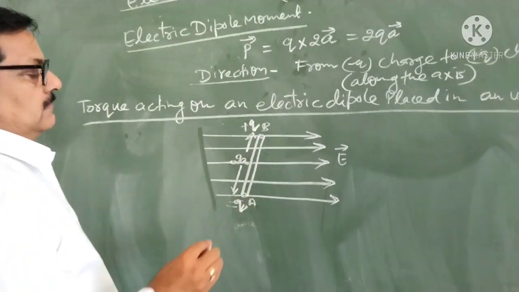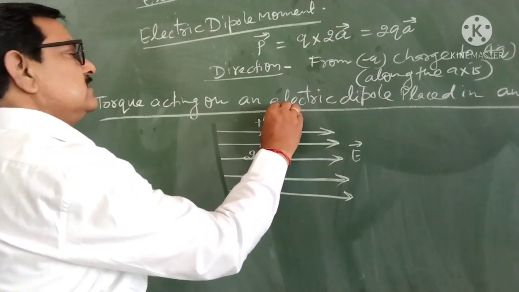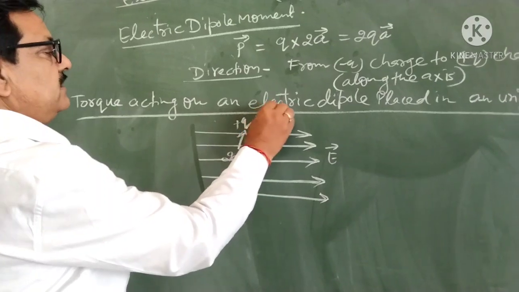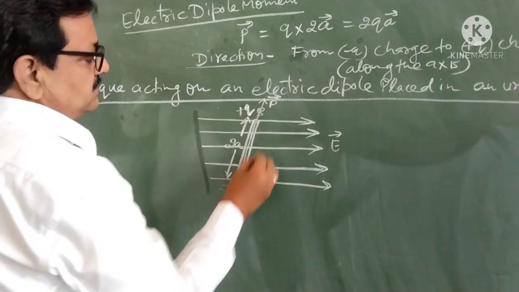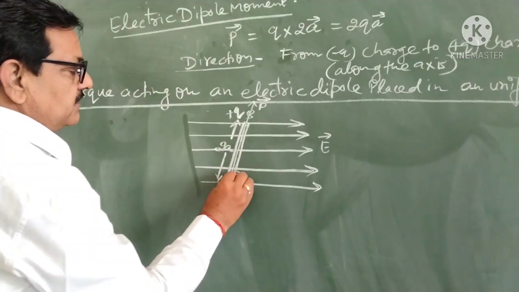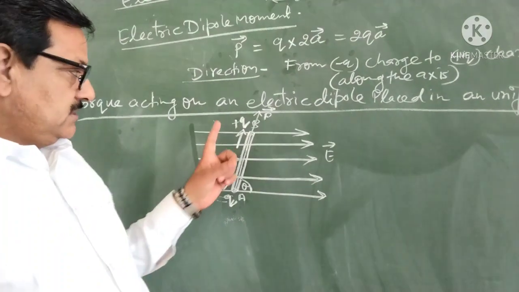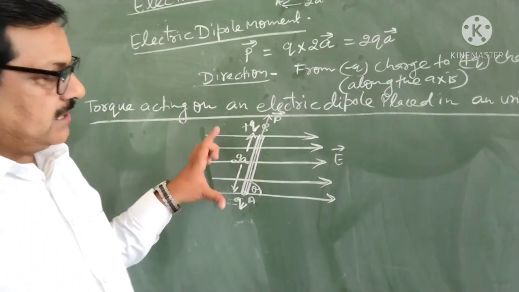Mark direction of dipole moment along the axis from minus q to plus q. Minus q to plus q. It is vector P, dipole moment. Suppose this dipole moment makes an angle theta with the direction of electric field. P makes an angle theta with the direction of electric field.